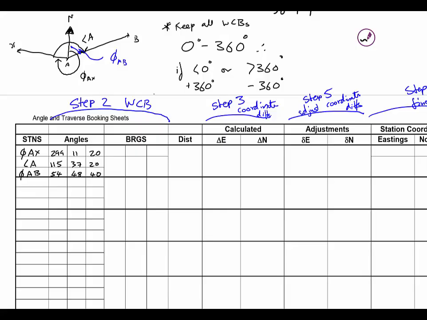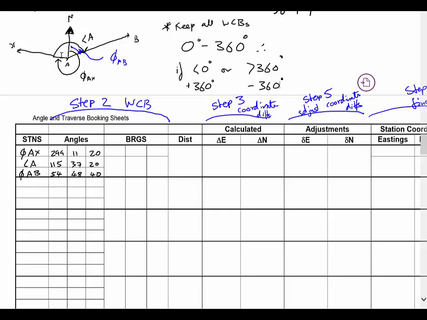So actually, if I put it in my calculator, 299, 11, 20 plus 115, 37, 20 gives me 414, 48, 40.